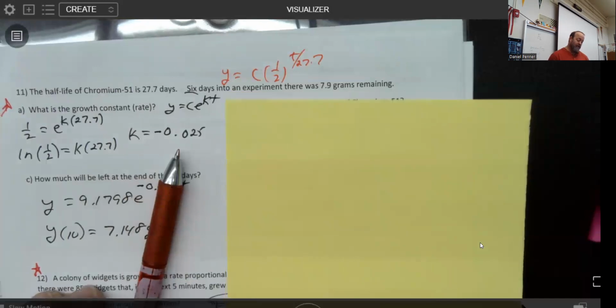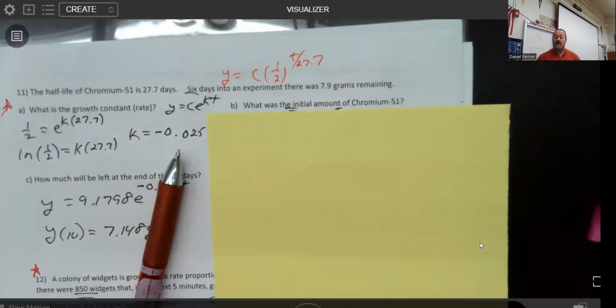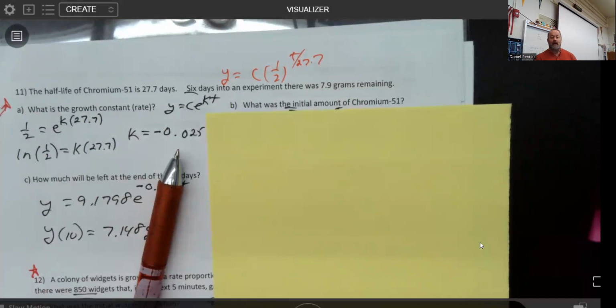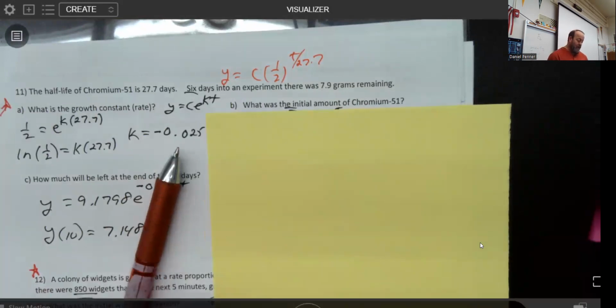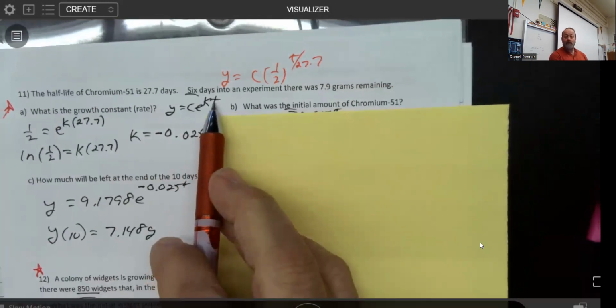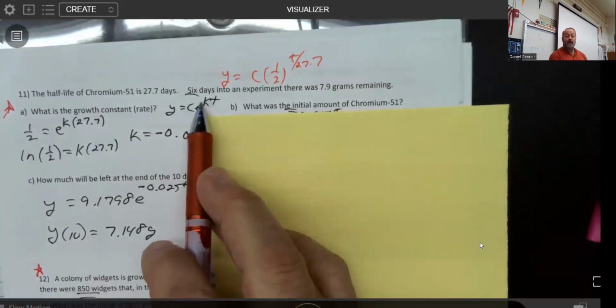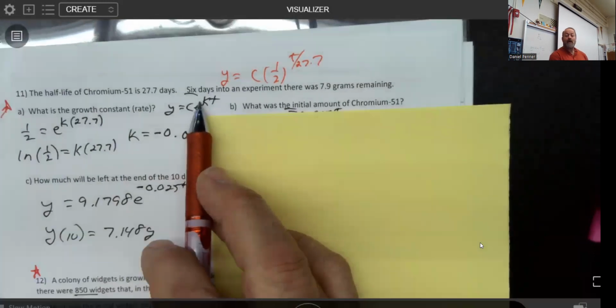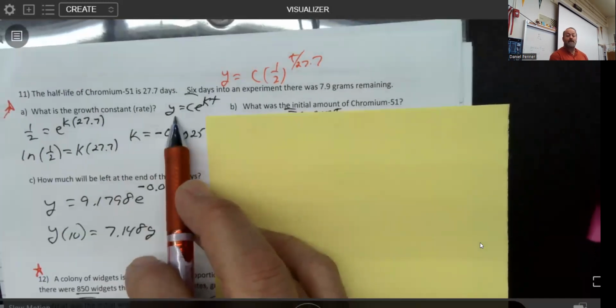Now, moving on a little bit further, it asked me what that initial amount was. Keep in mind, I know that 6 days into the experiment, it was 7.9. So if you look at what we have, we know the time was 6 days. We know k because we found it right here. We know how much it would be at 6 days.